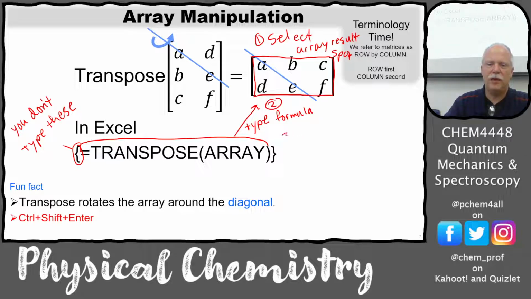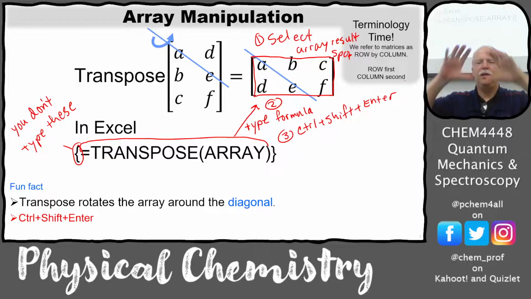And step 3 is hit Control plus Shift plus Enter. So you've got all this selected, you type in a formula. So you're typing a formula into 6 cells at once. And how does Excel know you're doing that for 6 cells? The Control-Shift-Enter is what you get.